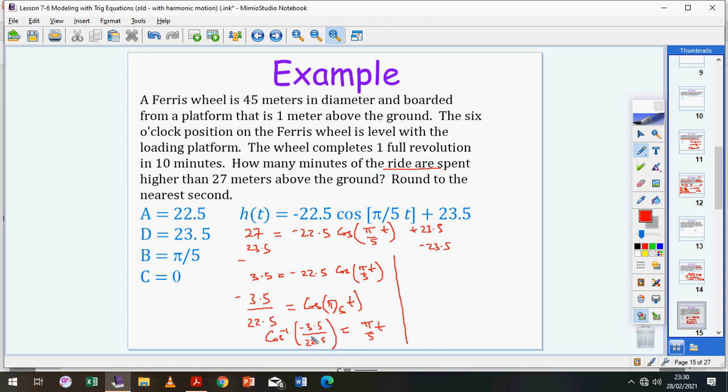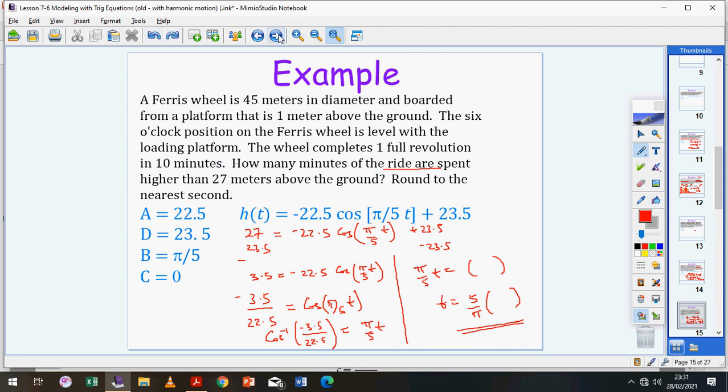I'll have pi over 5t is equal to that number, and then t alone will be 5 over pi times that number. Try to make sure you get a positive answer for this inverse cosine, and it will give you a positive answer if you use your calculator.